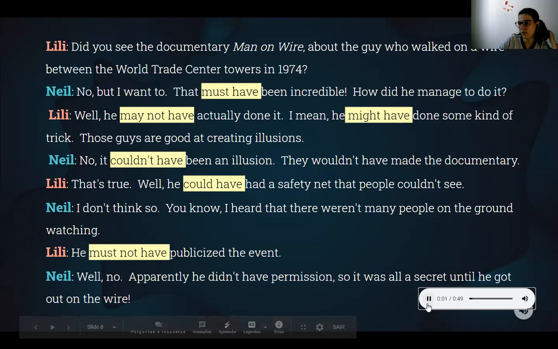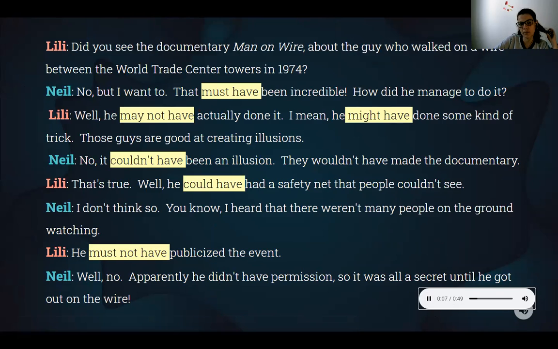Did you see the documentary Man on Wire about the guy who walked on a wire between the World Trade Center towers in 1974? No, but I want to. That must have been incredible. How did he manage to do it? Well, he may not have actually done it. I mean, he might have done some kind of trick. Those guys are good at creating illusions.